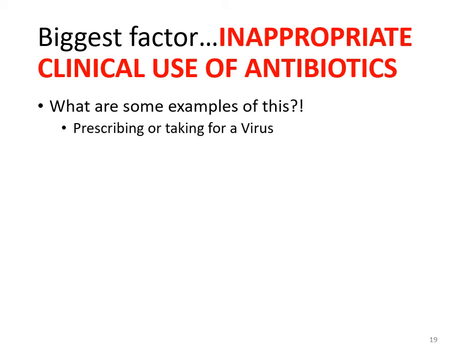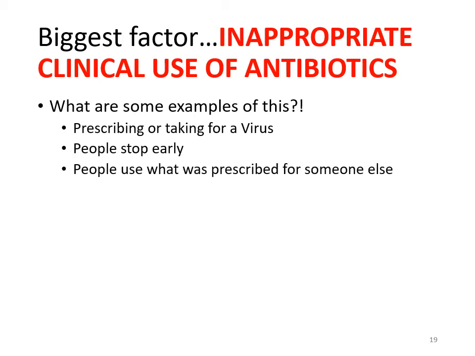Now to recap the different misuses that I've mentioned so that you can jot them down and further explain them in your notes. The first one we said, prescribing or taking for a virus. Okay, and make sure you understand why that's such a problem. What will that do? The second one is, like we said, people tend to stop taking antibiotics early as soon as they think that they're feeling a little bit better.